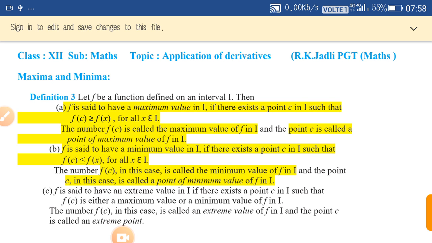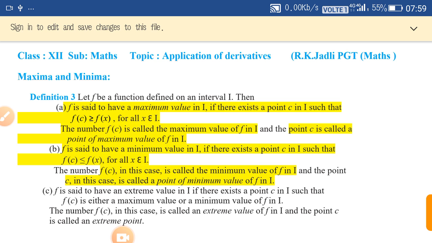F is said to have a maximum value in interval I if there exists a point c in I such that f(c) is greater than or equal to f(x) for all x belonging to I. It means the interval has some boundary and many elements within it, and we get all the values of the function at those points.